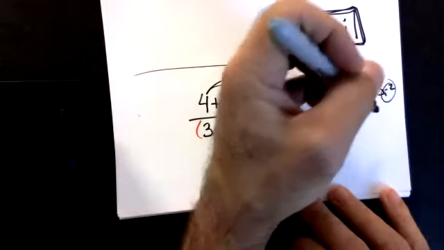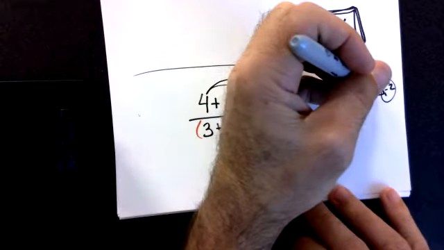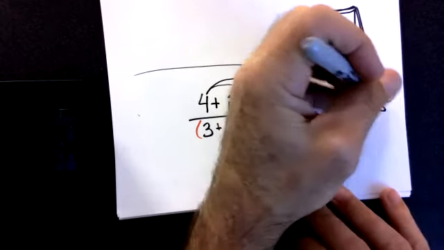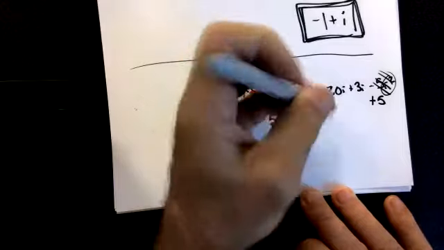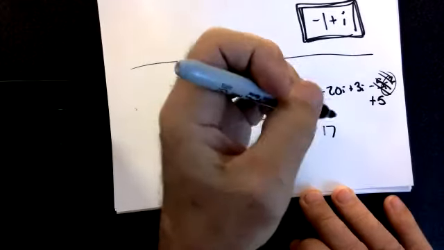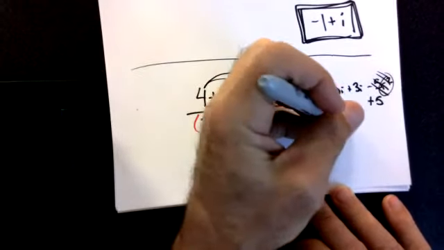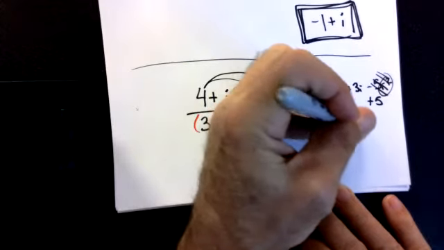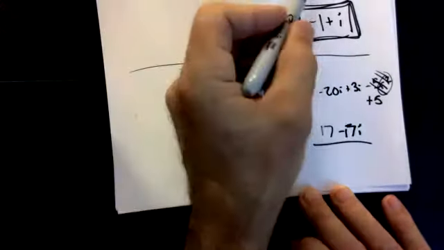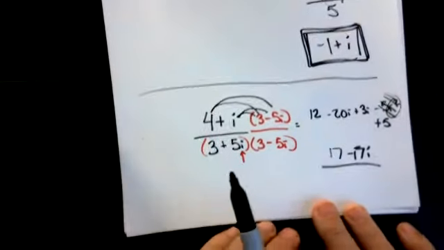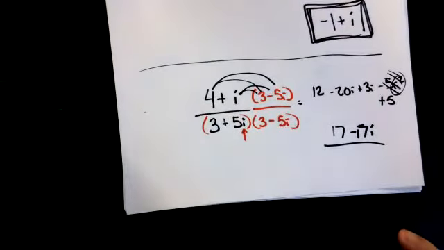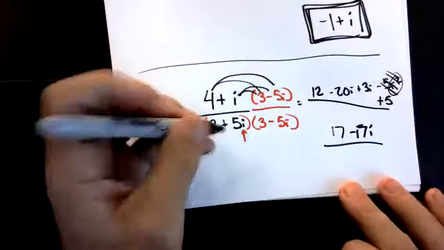Again, clean this up. i squared is a -1. -5 times -1, that makes this a +5. All right, 12 plus 5 is 17. -20i plus 3i is a -17i. It's funny, you don't normally get the same top numbers, but I did it twice just by making stuff up. Anyway, do the same thing for the bottom.